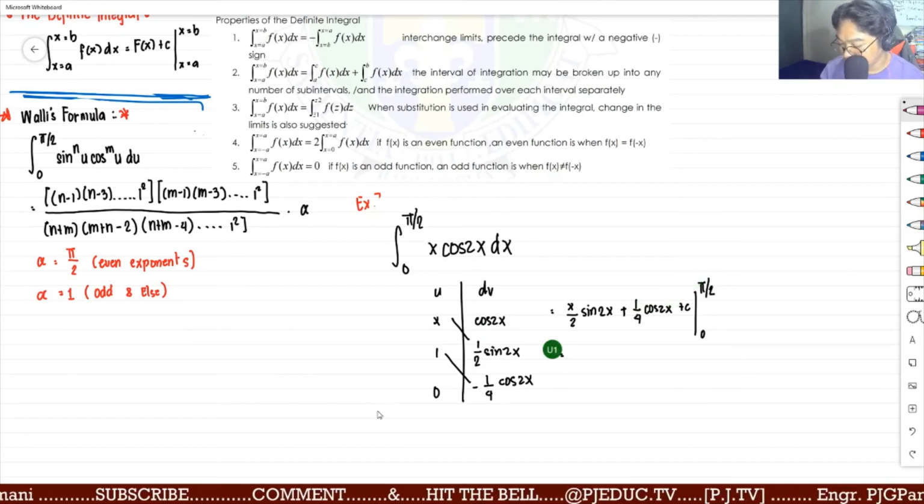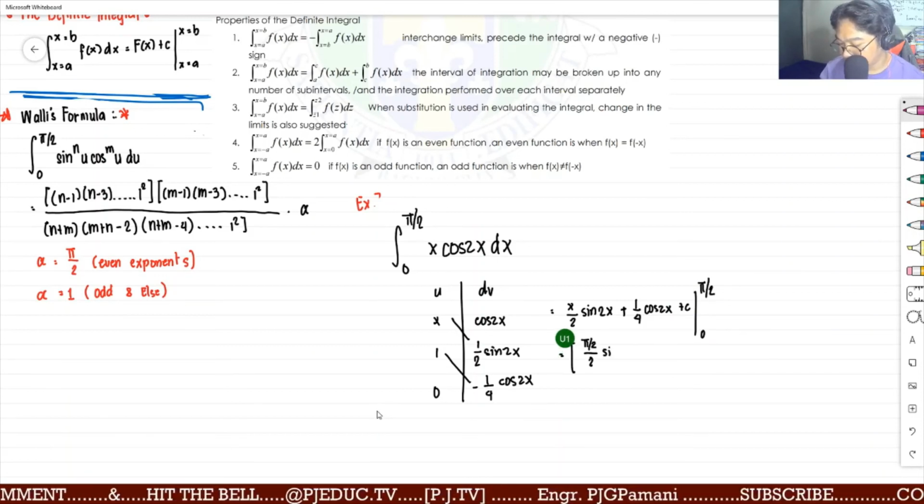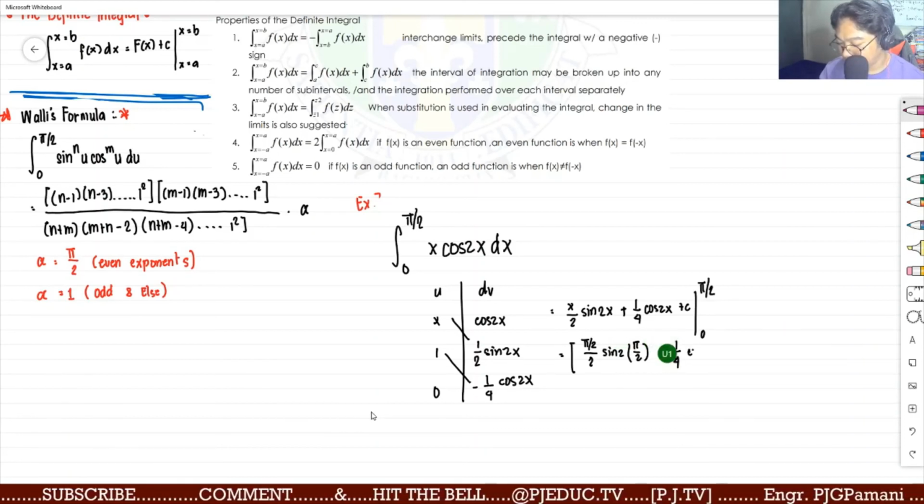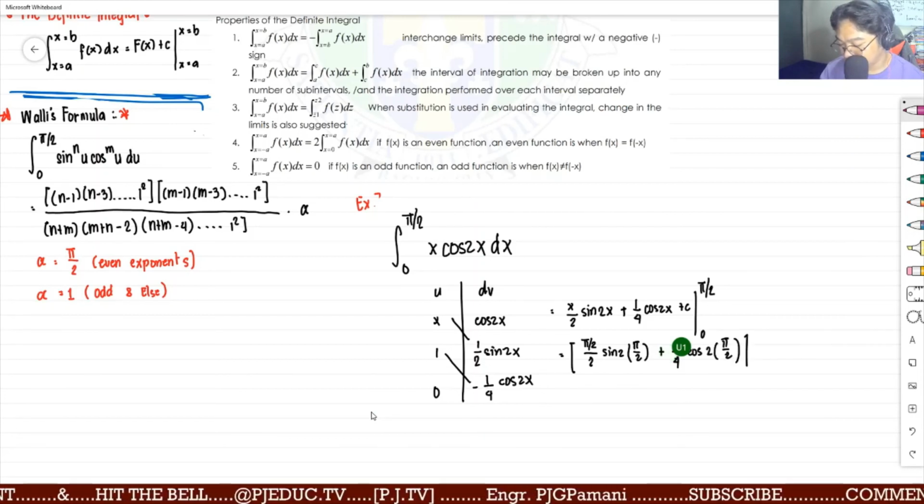Okay. Substitute. Using your calculator, convert nyo lang si calculator nyo into radian and substitute the value of x for the upper limit of pi over 2 and the value of x for the lower limit of 0.